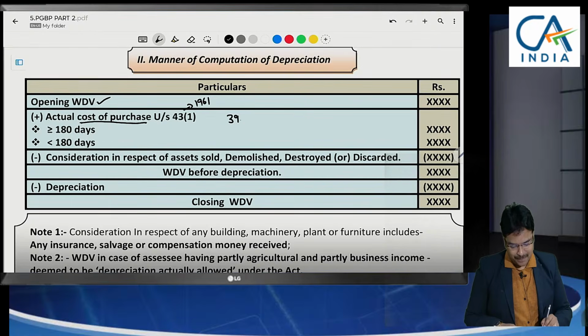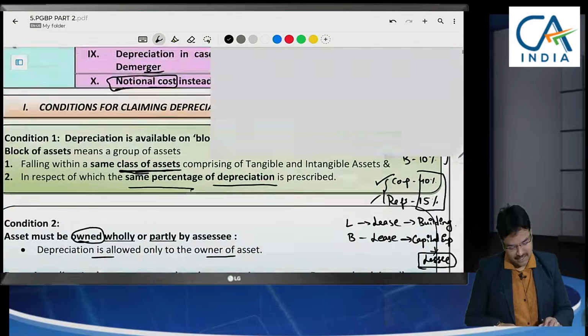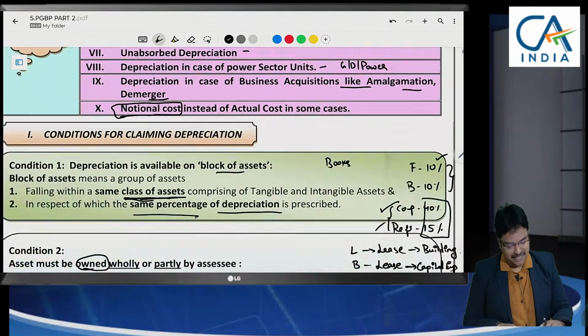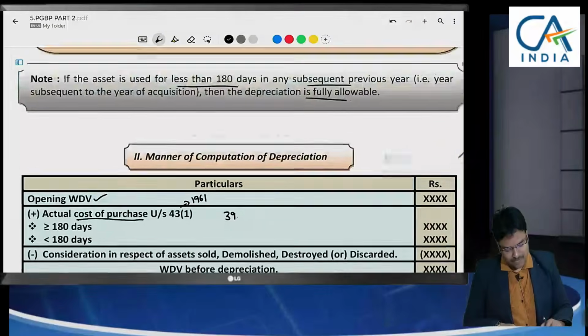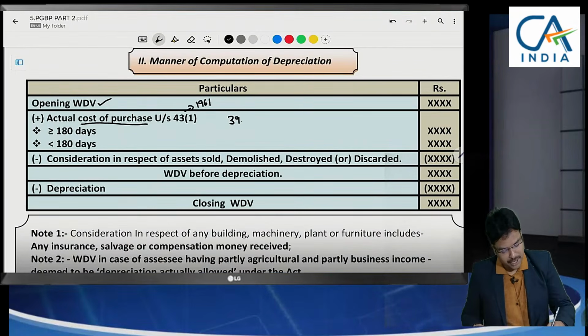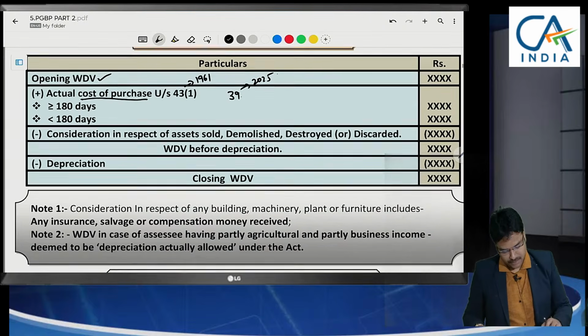So how to determine the actual cost of purchase? Let us see. Determination of actual cost of purchase under section 39. Under the old Income Tax Act it was section 43(1) and in the new Income Tax Act it is section 39. That format only we are discussing here.